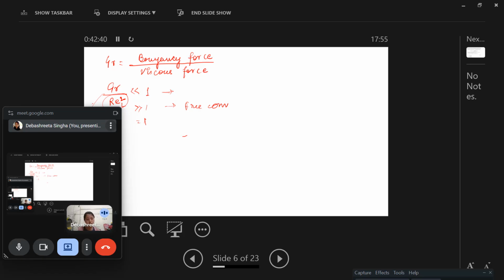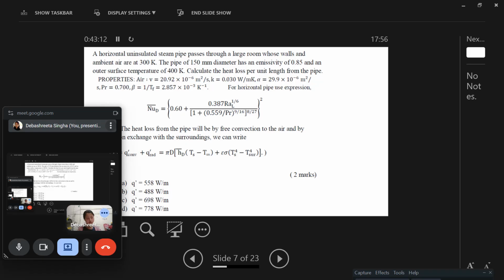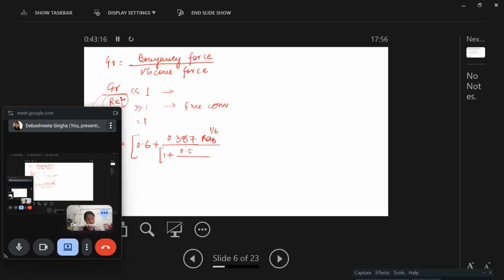For a long cylinder in free convection, we can write the Nusselt number as 0.6 plus 0.387 Ra to the power 1 by 6, divided by 1 plus (0.559 by Prandtl number) to the power 9 by 16, whole to the power 8 by 27, and this whole to the power 2.